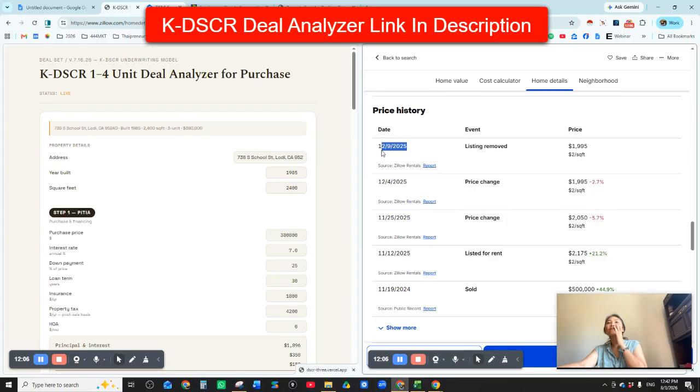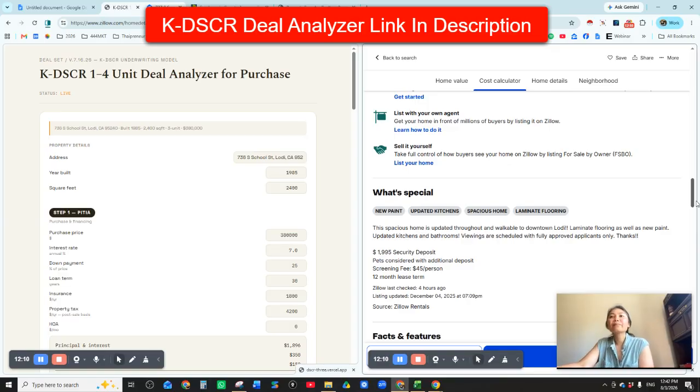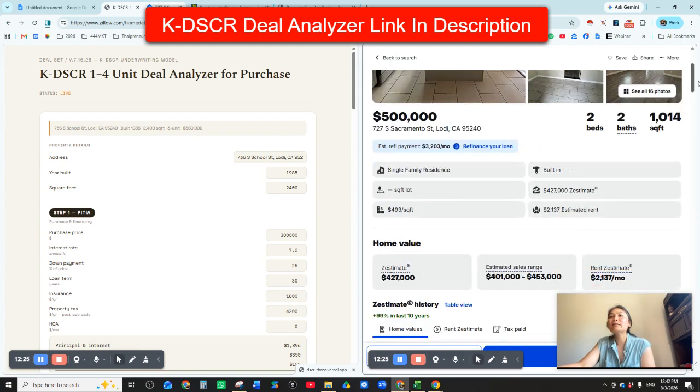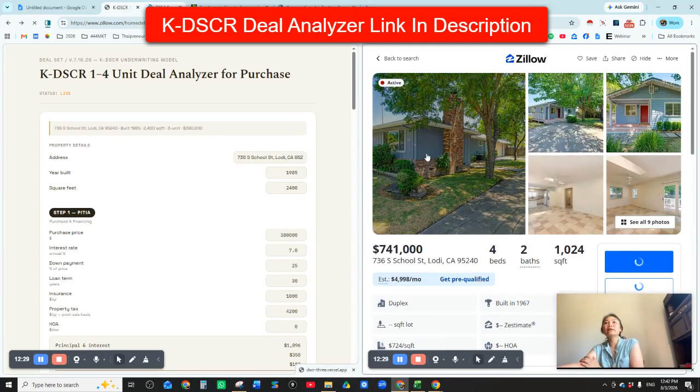They just removed it here. Mine sold last year. You can see this area close by, 995. They might rent it for 1995, it could be, but I'd say less. So you kind of see the common area there.